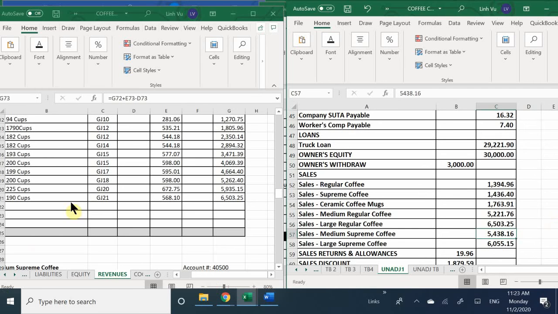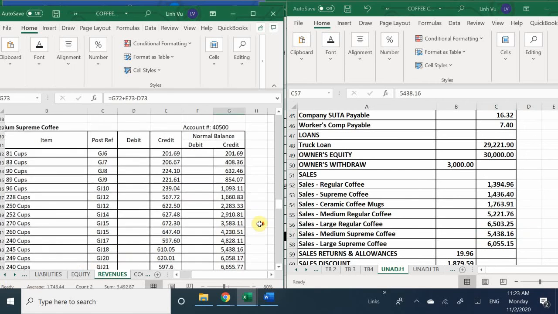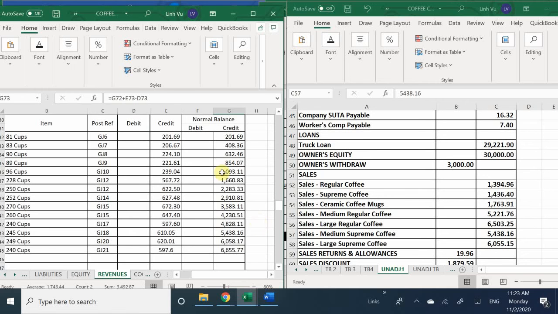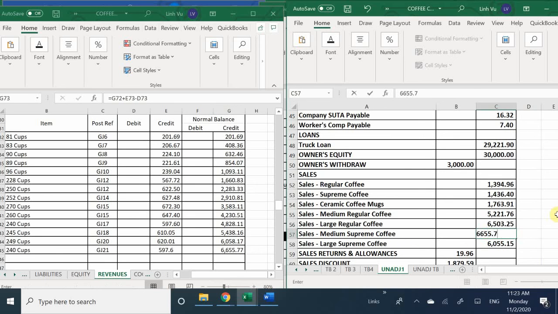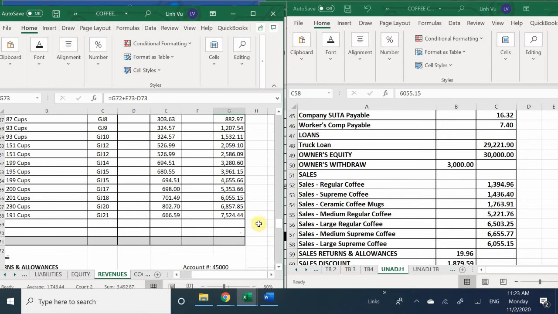Okay. And then what about my medium supreme coffee? Wait, let me make sure that's the last one. There you go, that's the last one. 665577 for my medium supreme coffee. Okay.